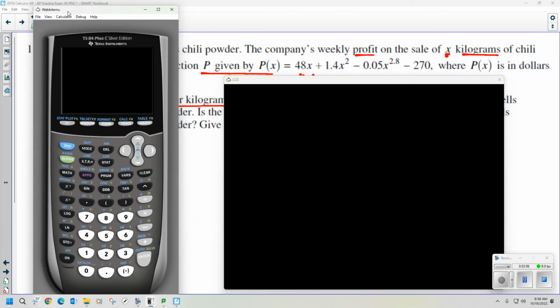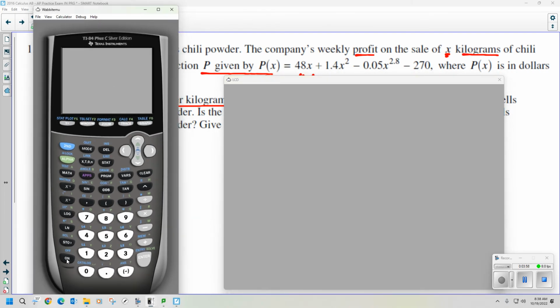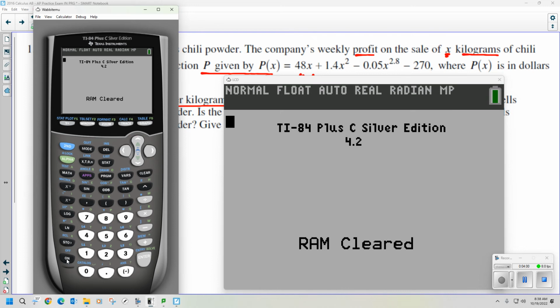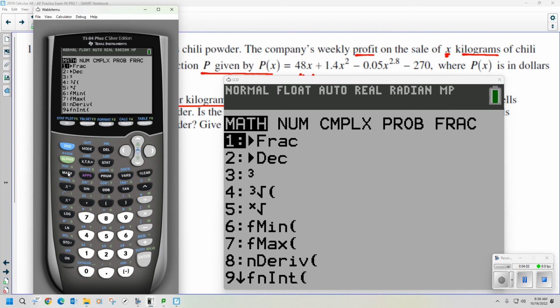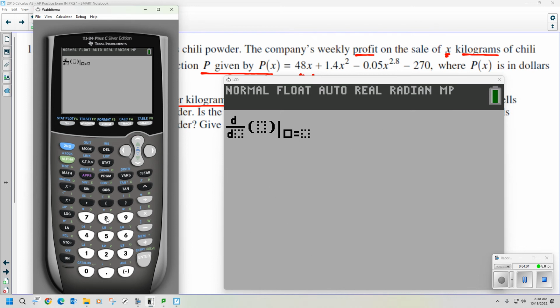So I'm going to take my calculator, and first I got to turn it on. And then we're going to go to math and pick choice 8. My variable is X. I'm going to put my equation in there just as it's given to me: 48X plus 1.4X squared minus 0.05X raised to the 2.8.